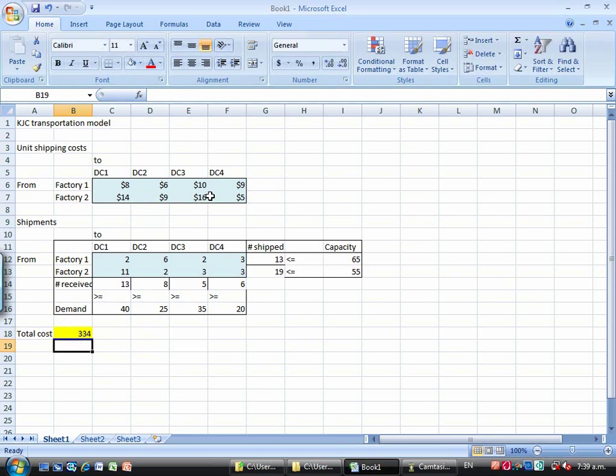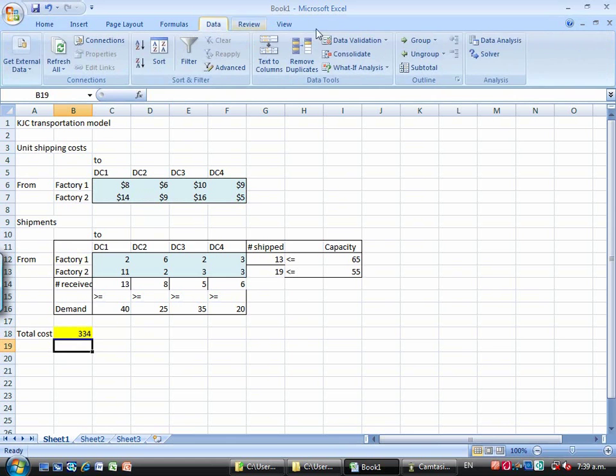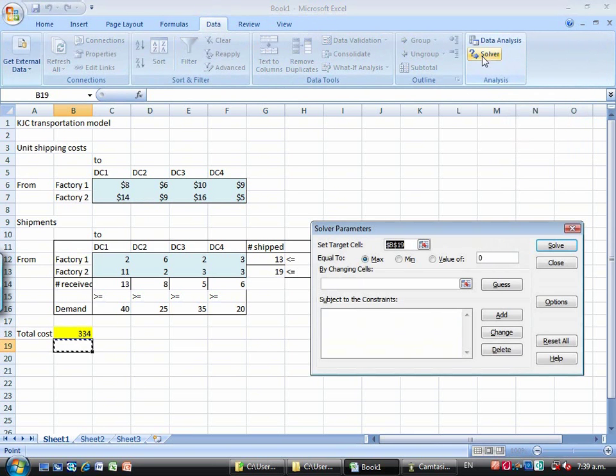Now the key here is to run Solver. So we go to Data and Solver. Now we should be quite used to running Solver by now. So the target cell will be there. Now we want to minimize our total costs like normal, I think. Now what do you think we want Solver to change?